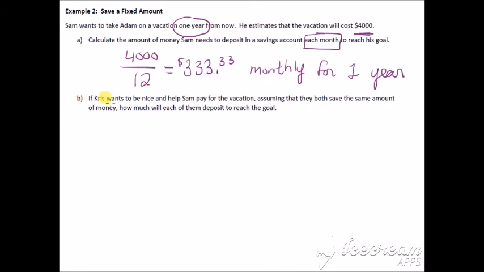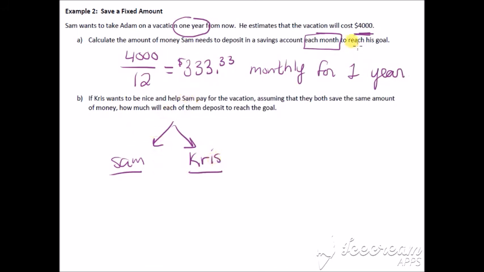Now B, if Chris wants to be nice and help Sam pay for the vacation, assuming that they both save the same amount of money, how much will each of them deposit to reach this goal? So you've got to think. Sam's over here, he's saving money. Chris is over here, he's saving money.